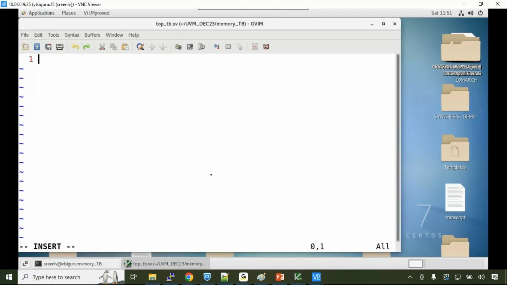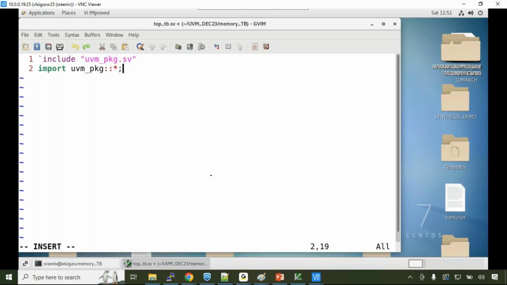So first thing in UVM, whenever you develop any UVM test benches, you have to include and import the package. So first, compulsory 2 lines you have to do in every UVM code. You don't need to do it in every file. One time you have to, in the global scope.